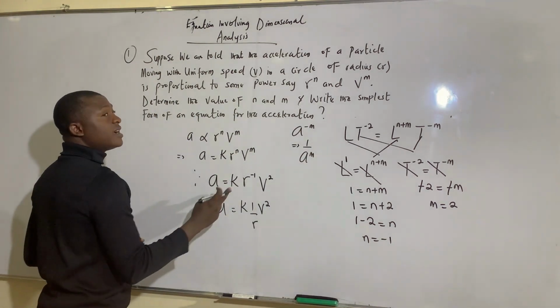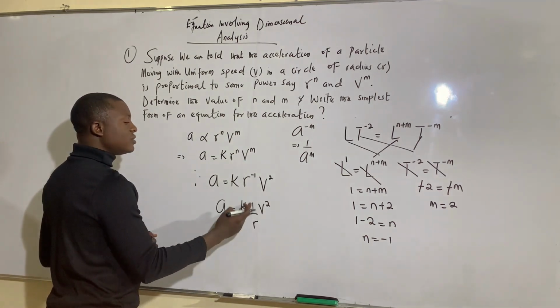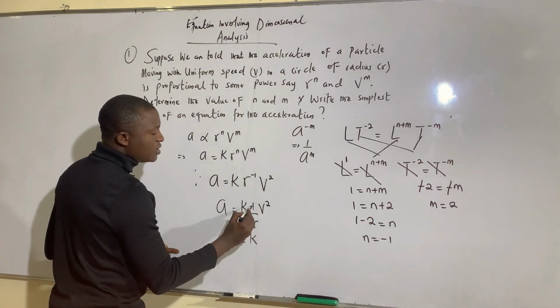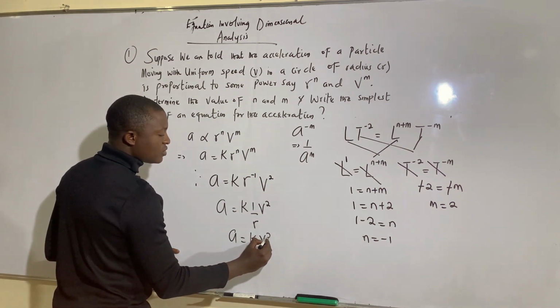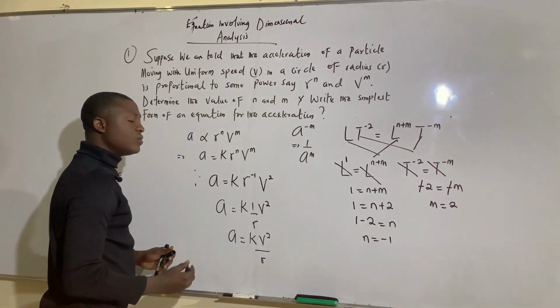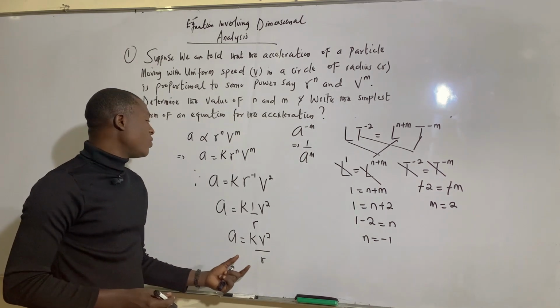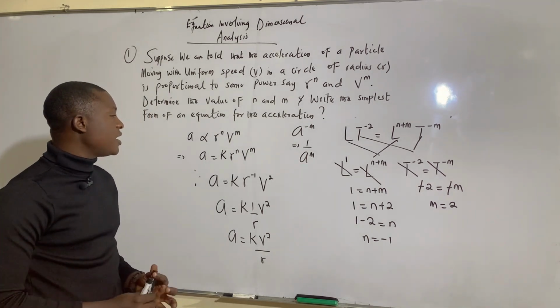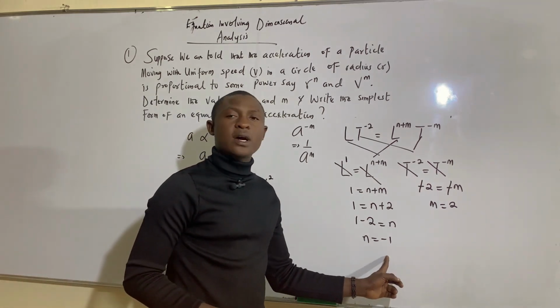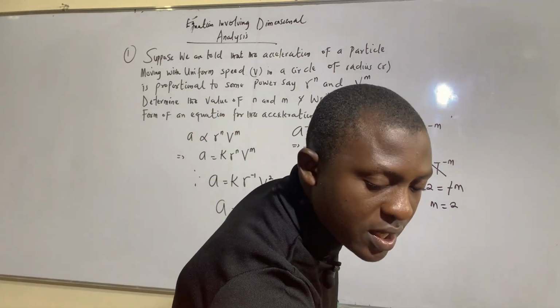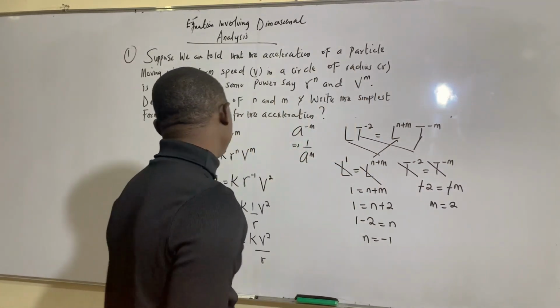So since I have r raised to the power of minus 1, this is nothing but 1 over r, so this one can just give us a is equal to k times v squared over r. So this is the simplest form of the equation for acceleration. And here, our n is minus 1, and at the same time, what we get for m is equal to 2. So let's look at another example and see how we can approach the problem.